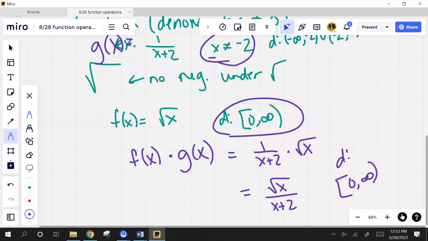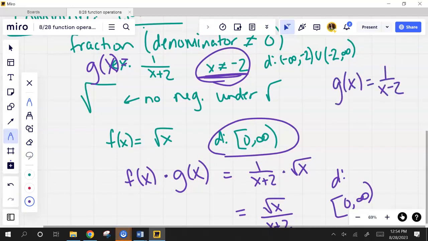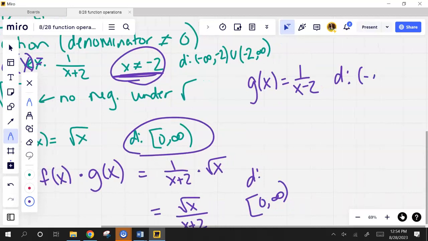Now, had I left out, let's say, positive 2, let's change this. Let's say g of x is 1 over x minus 2. Now what's the domain of the new g of x? X can't be positive 2, right?